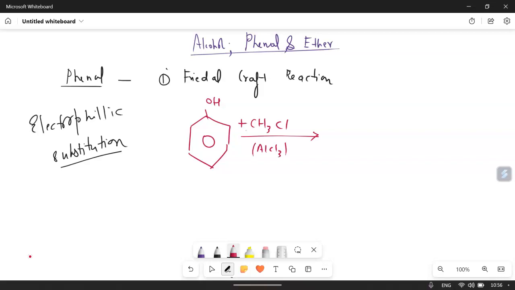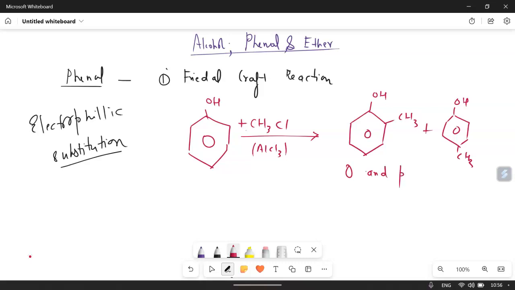It forms cresols, but the position is also important. The CH3 group attaches to the ortho position plus the CH3 group attached to the para position in this case. So we can say that ortho and para cresols are formed.